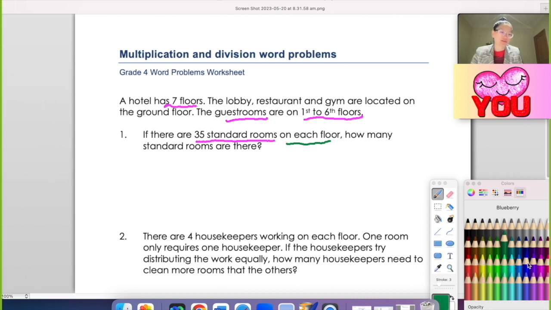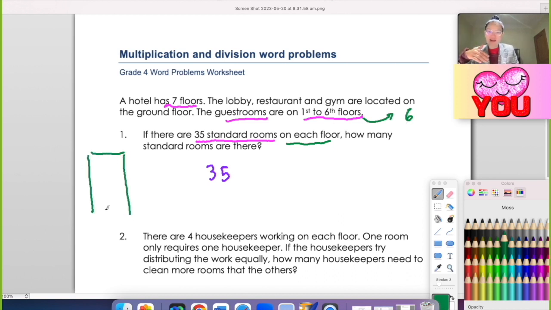The first one we're going to do together. We have 35 standard rooms on each floor. And how many floors do we have guest rooms on? 1 to 6. That means how many floors, Grace? 6. Yeah, because for example this one is our hotel.